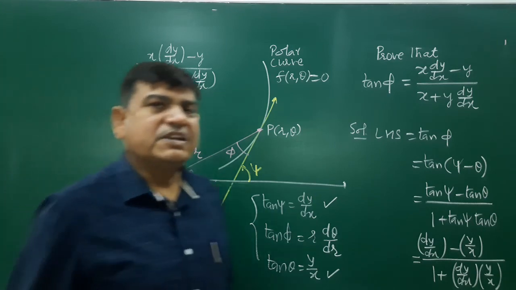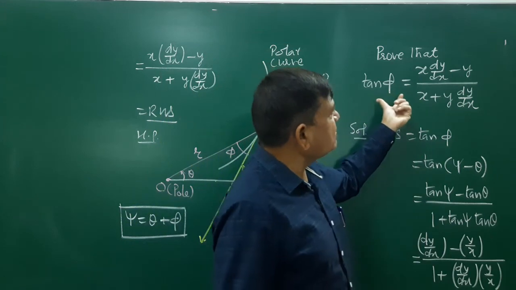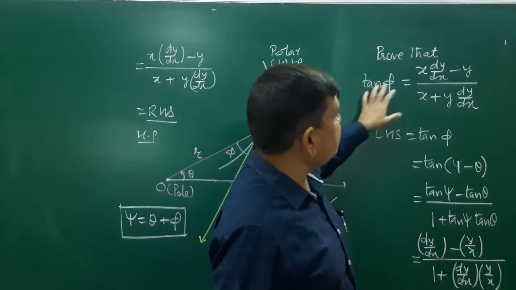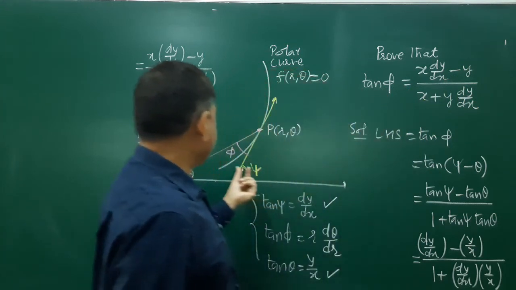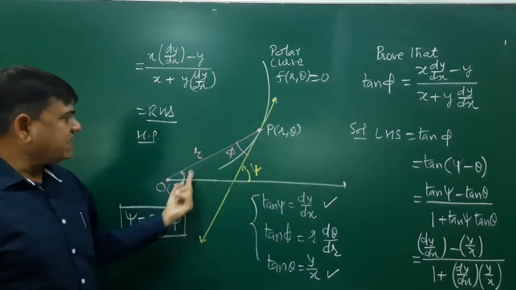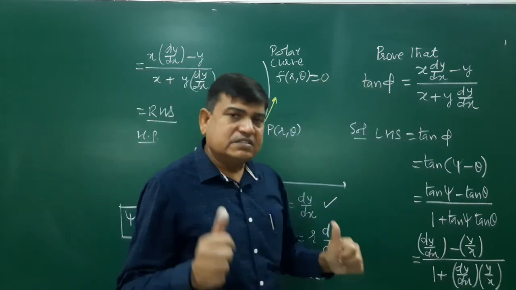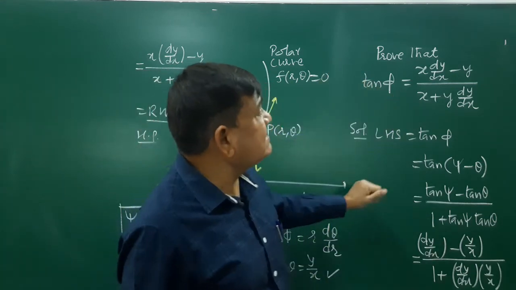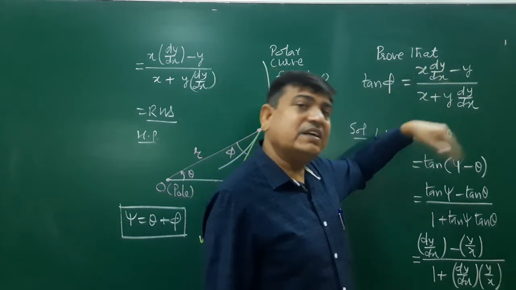Okay, so sometimes this type of question is asked, so you just remember what is given. You look at the left hand side as well as the right hand side. This angle is phi and we know the relationship among phi, theta, psi is this one. So we can use the left hand side and simplify it. It is not necessary to use the left hand side. You can consider the right hand side and proceed.